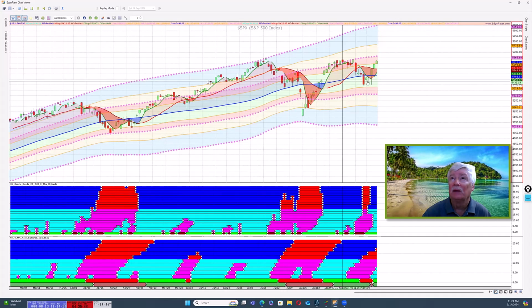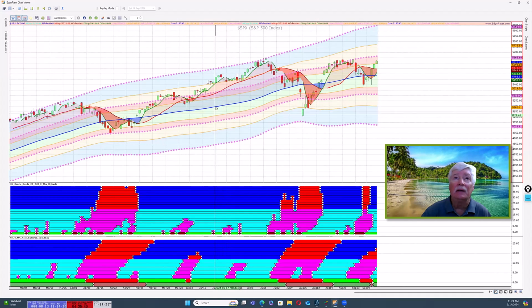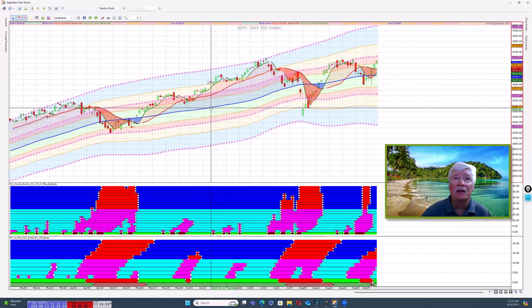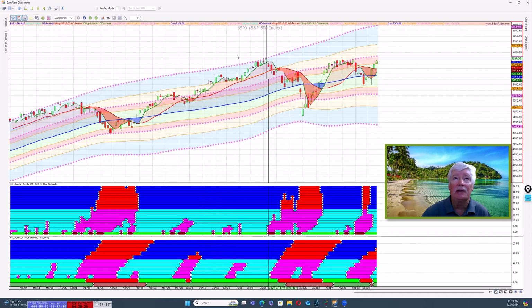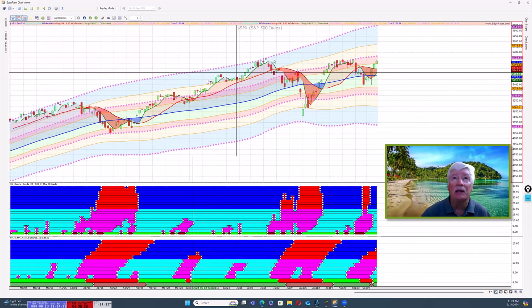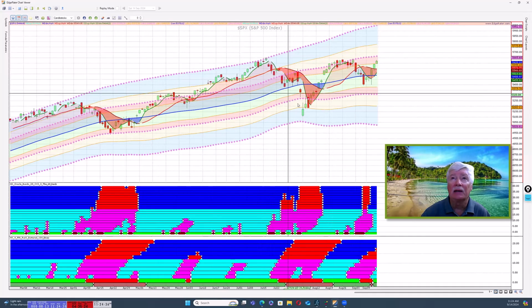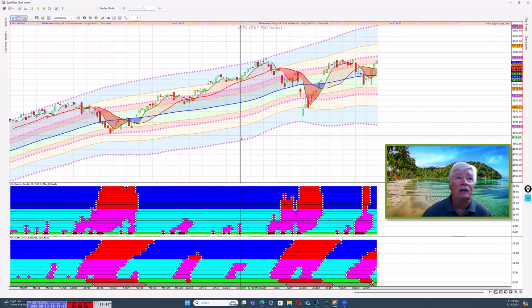Okay. And then what I did over here is I added an average true range band at multiples off of this 60. So I added up here, I subtracted down here. And what these bands do is they tell me extreme areas, when prices start getting a little hairy and out of whack. And then I did one more thing.